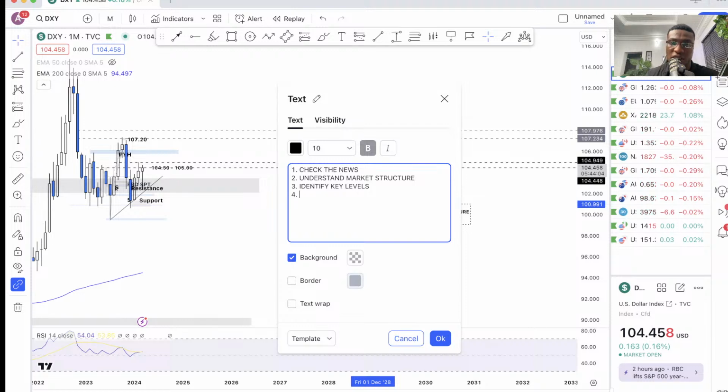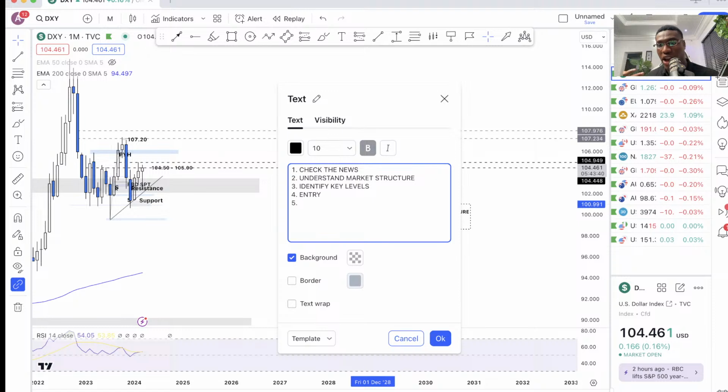And when you identify your key levels, the next thing you want to look out for is what the market does at that key level and your reaction to that. Now, your reaction to that would be identifying your entry. And for every trade that you choose to enter, it's important that you already know where you want to exit the trade prior to trade execution.